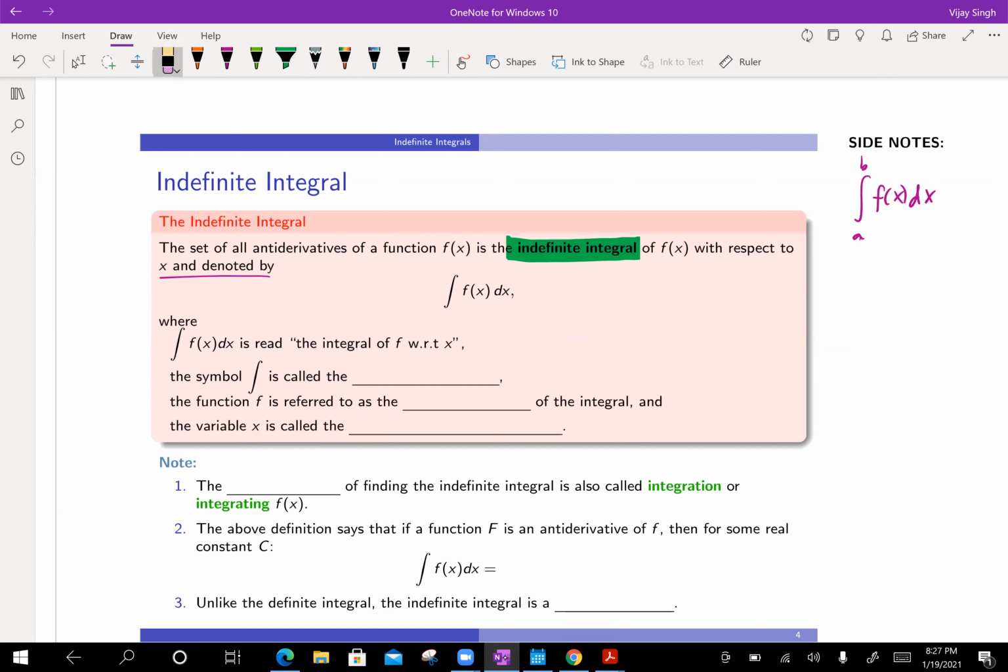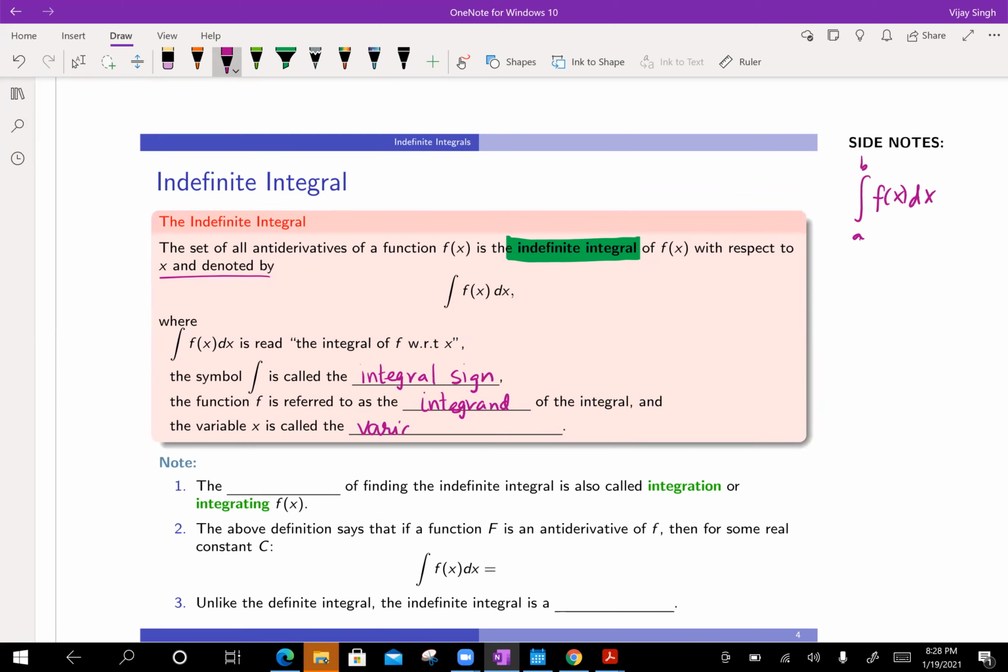Again, when I have a symbol like this, we read it as the integral of f of x with respect to x. This symbol is called the integral sign. The function which you are integrating is called the integrand. And the variable x is called the variable of integration.